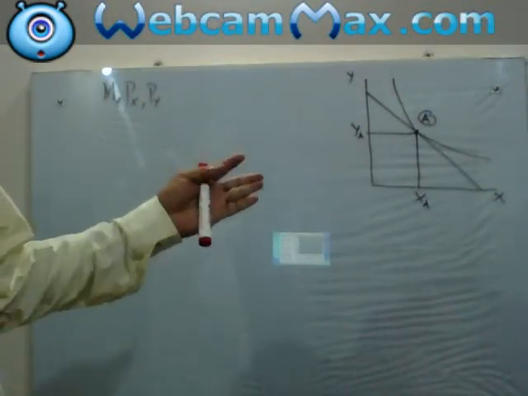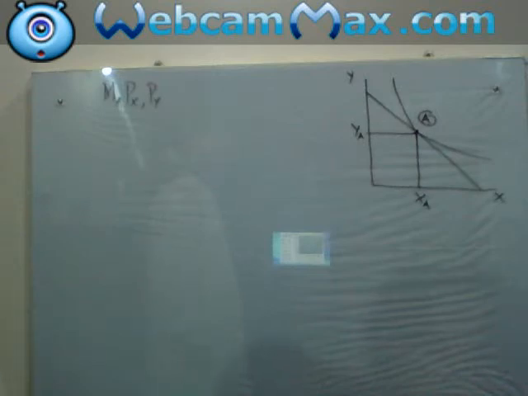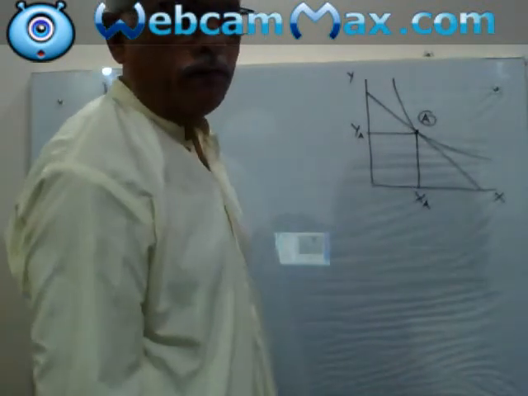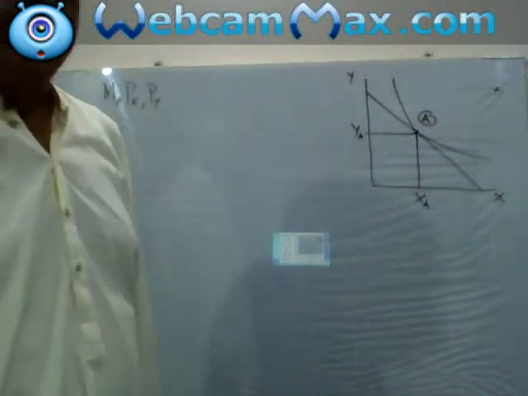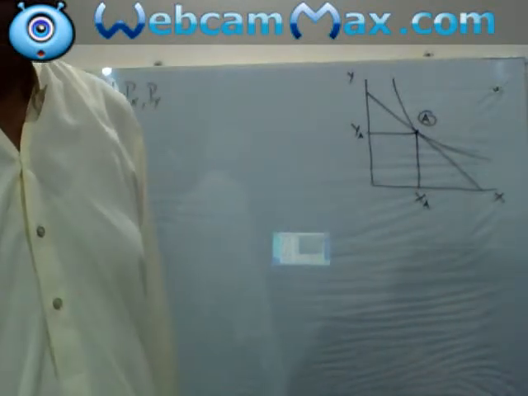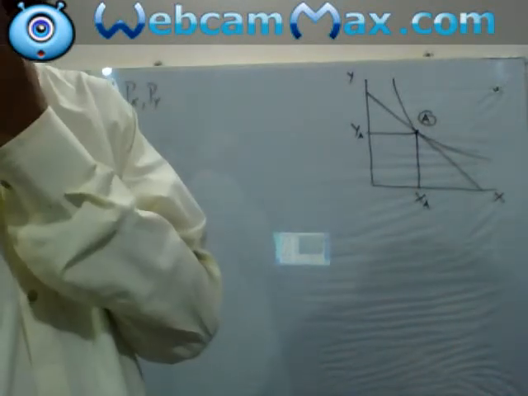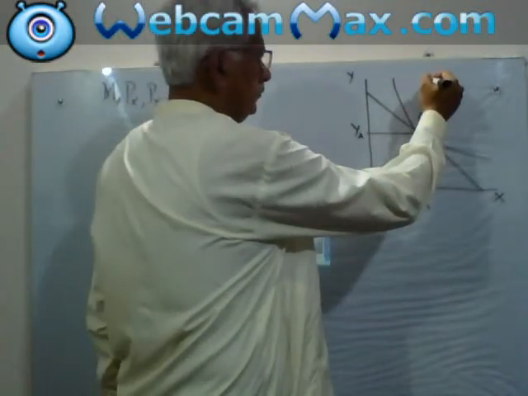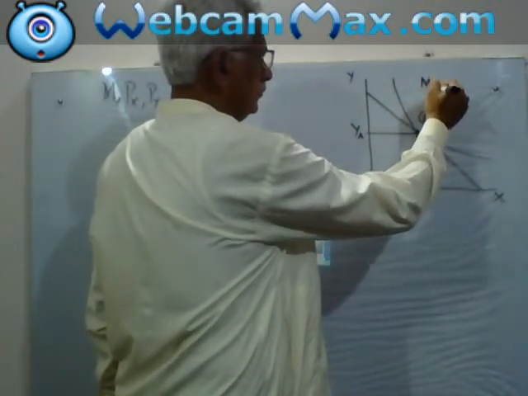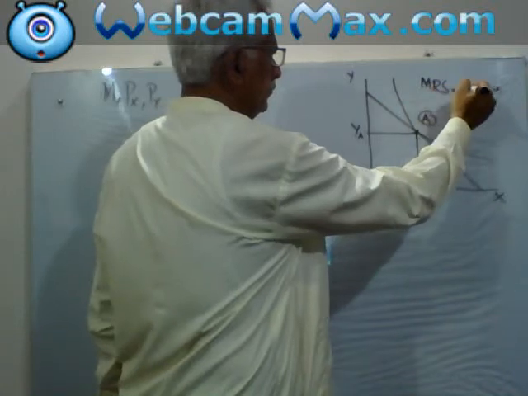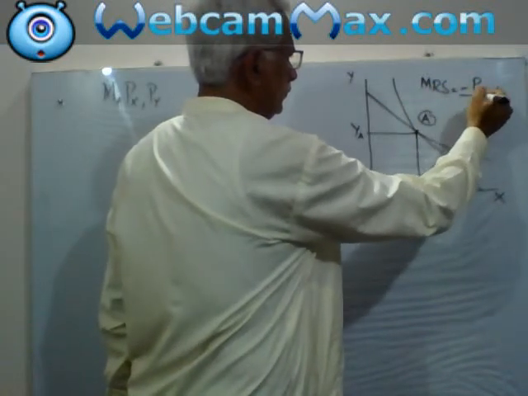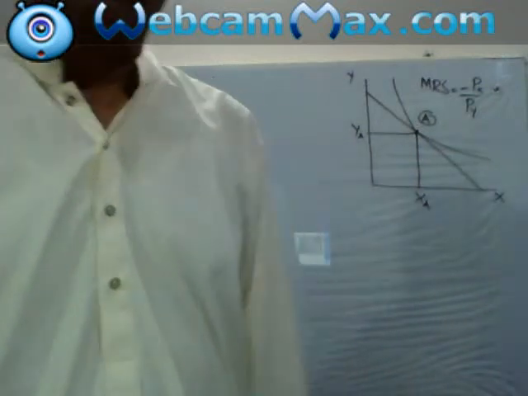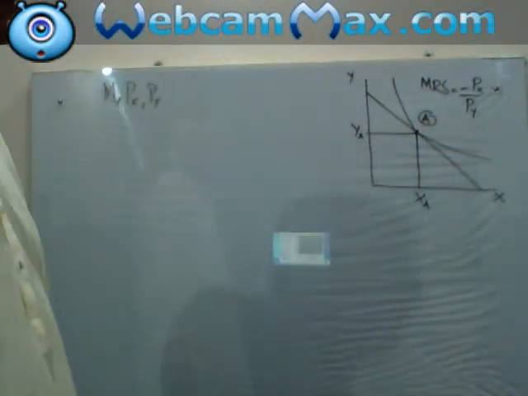It's a case of interior solution where the optimum condition, the marginal rate of substitution, that is the slope of the indifference curve, is equal to the slope of the budget line, which is minus Px over Py. All right.